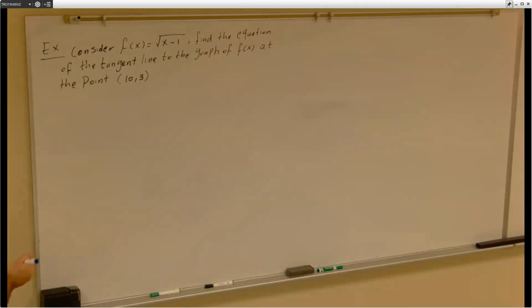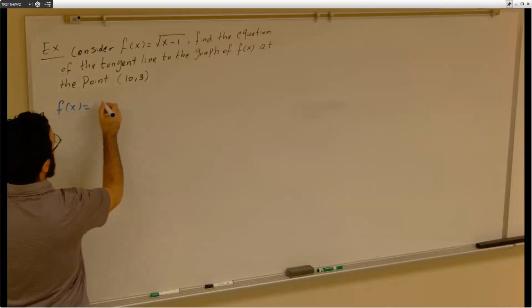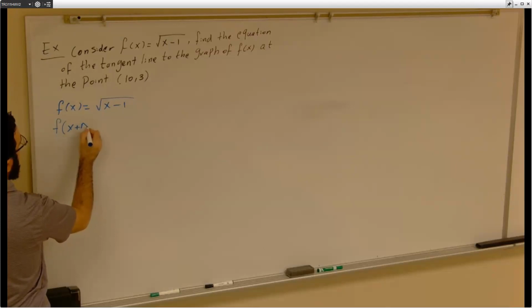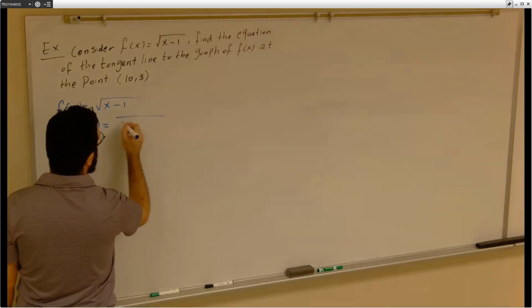So our goal is to find the slope. Let's start finding the slope, where f of x equals square root of x minus 1. Then f of x plus delta x is going to be the square root of x plus delta x minus 1.